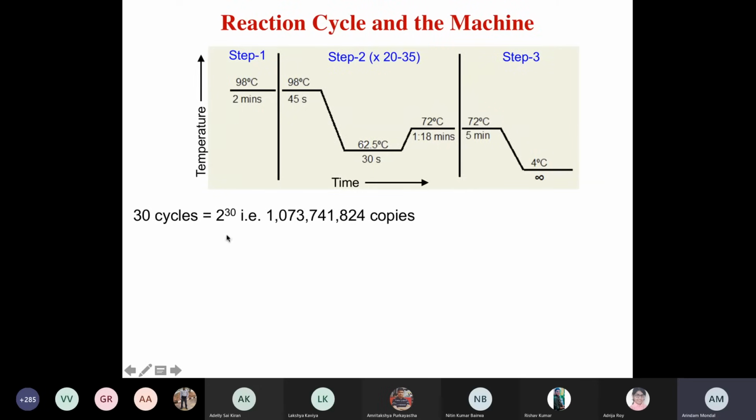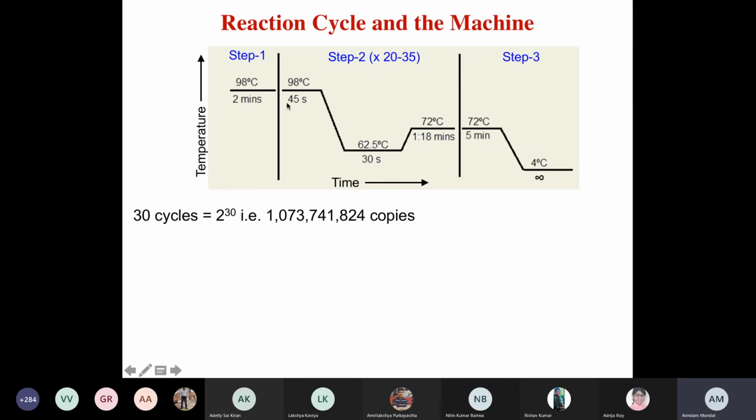So if you are performing 30 cycles of this particular step from a single piece of double-stranded DNA, you should be able to synthesize 2 to the power 30 copies of the product. That means that single double-stranded DNA which you may have isolated from a living organism, you can amplify to 2 to the power 30 copies within a very small period of time.